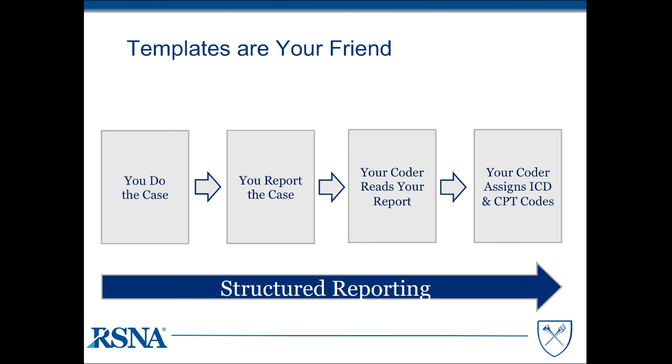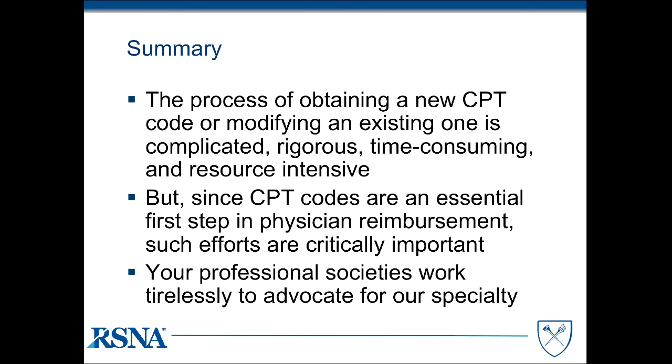And that's why structured reporting is going to be the most effective way to ensure that your hard work is accurately and efficiently translated into the ICD and CPT codes that are necessary to get you paid. We can't make each and every radiologist an expert in this space, but we can, through practice initiatives that we'll talk about throughout the remainder of REPLETE, create systems that allow all of our radiologists to be as successful as possible.